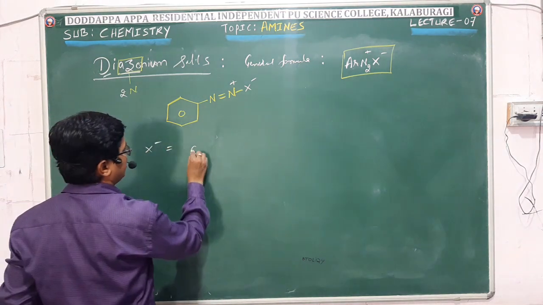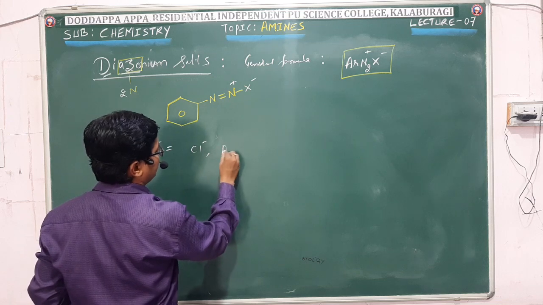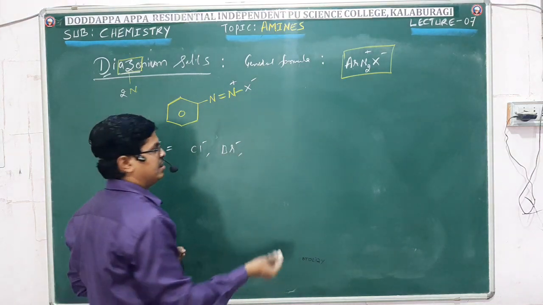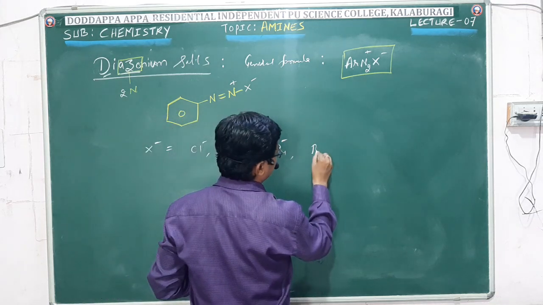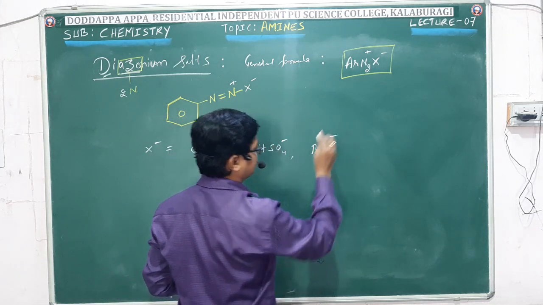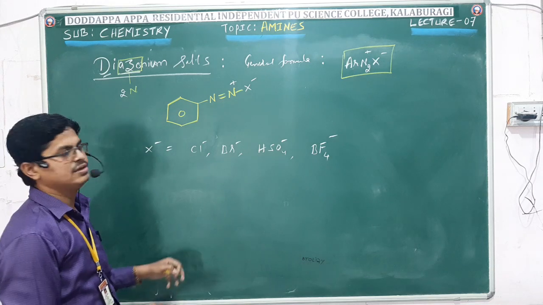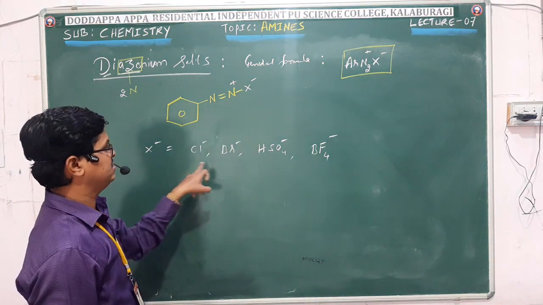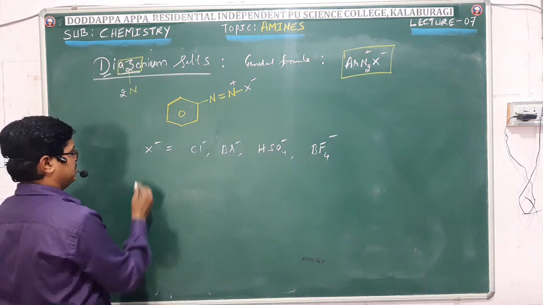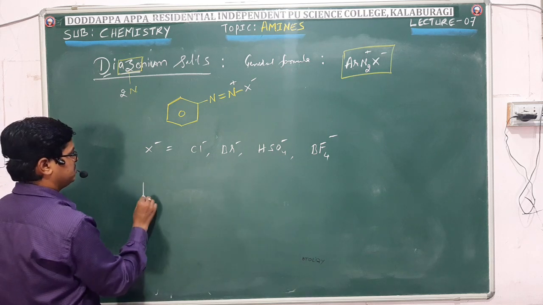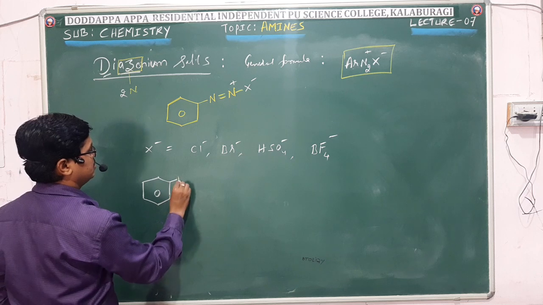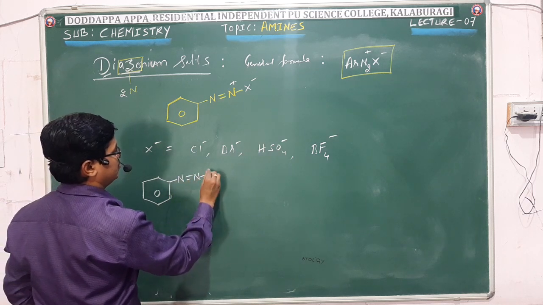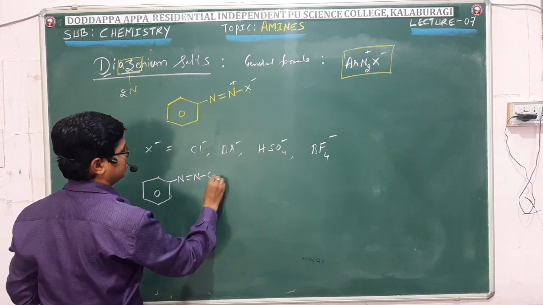X minus may be a chloride, or a bromide, or a bisulfate, or a tetrafluoroborate. Then replace X minus by these anions, ionic compound. What it becomes? Let me replace X minus by Cl minus, it becomes Cl here.